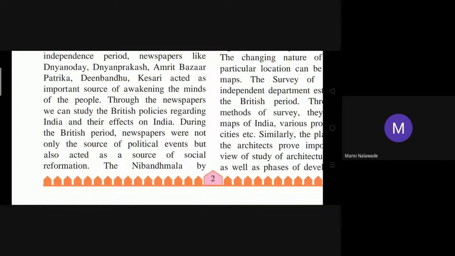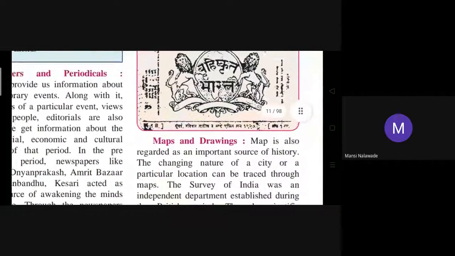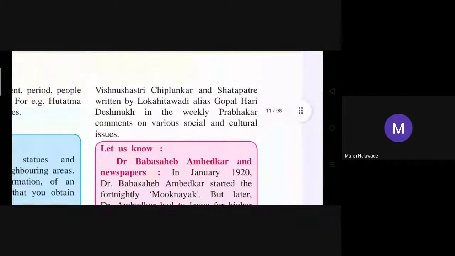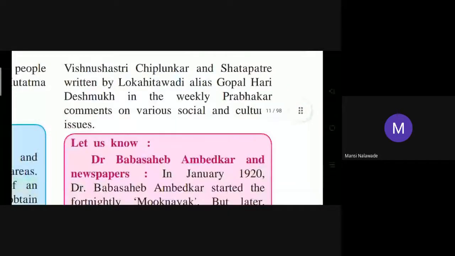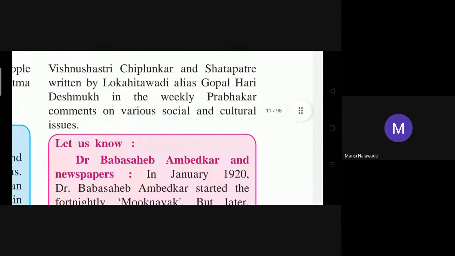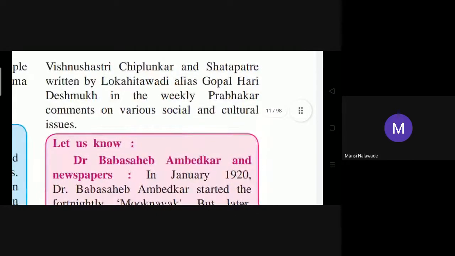During the British period, newspapers were not only the source of political events but also acted as a source of social reformation. The Nibandhamala by Vishnushastri Chiplunkar and Shatapatre, written by Lokhitwadi Gopal Hari Deshmukh in the weekly Prabhakar, comment on various social and cultural issues.